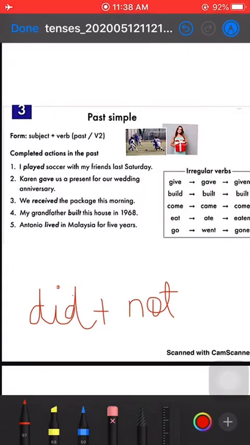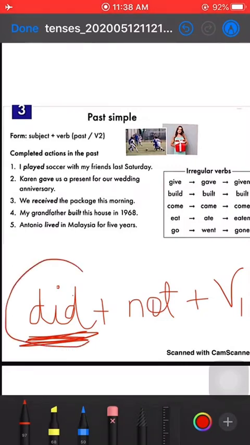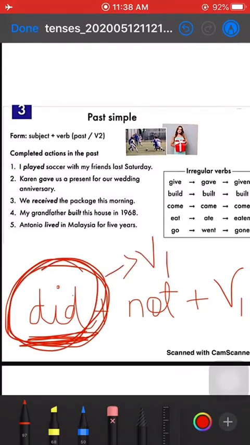When we use did, either in the negative sentence, the interrogative sentence, or the affirmative, with the did we always use the verb first form. We never use the second form. Did already indicates the past tense, but with this we have to use verb first form, not second form. Remember this thing. Okay, and in the simple present we use do or does.